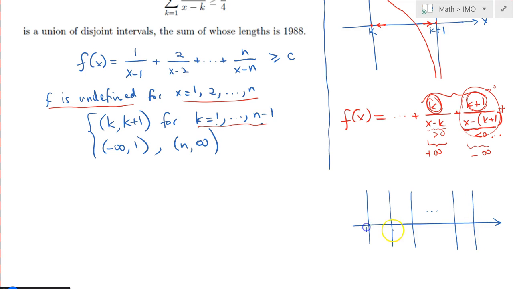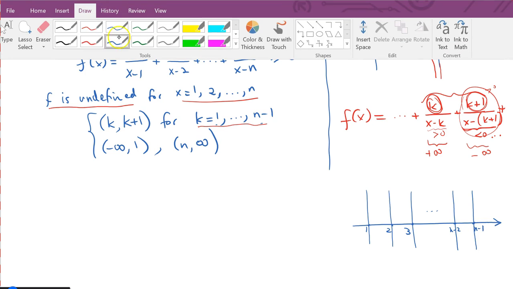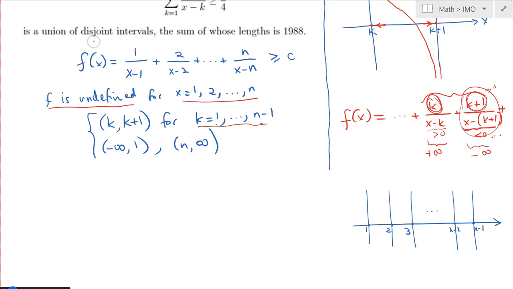So these are these points 1, 2, 3, and so on, n minus 2, and finally here n minus 1. And our functions look basically like this. So we established that they would look like the tangent function, if you will.